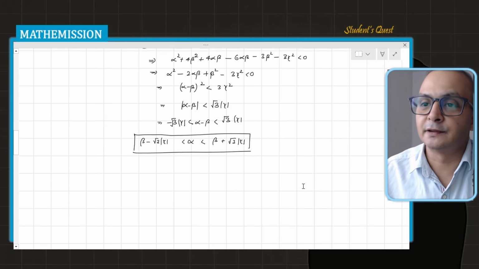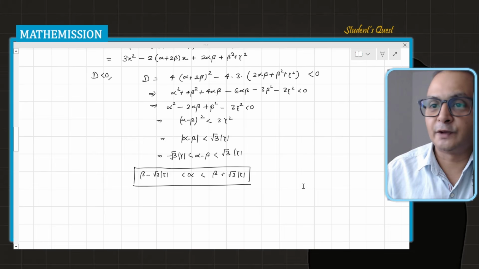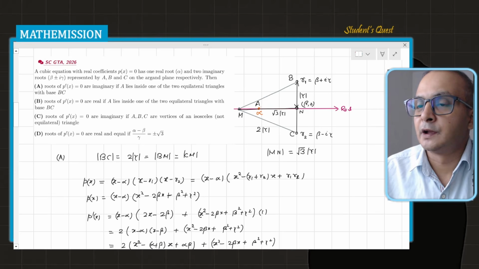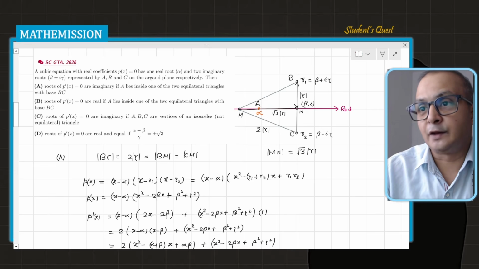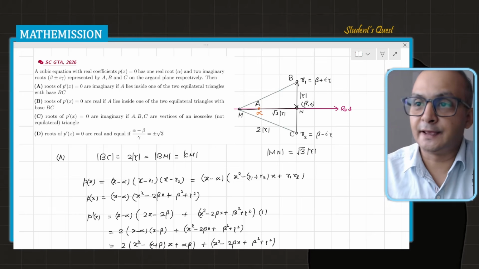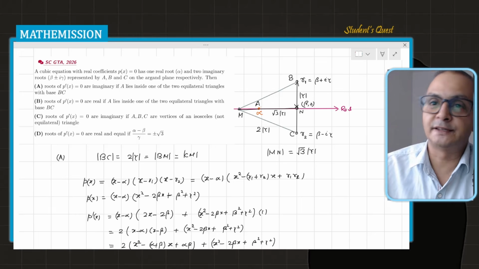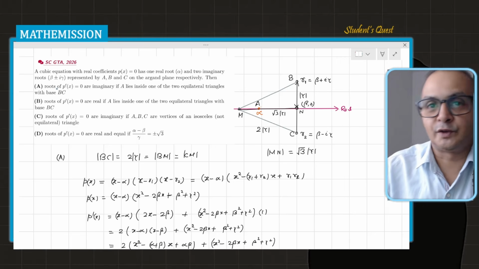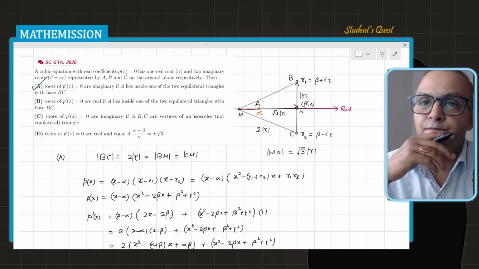It means that alpha lies between beta minus root 3 gamma and beta plus root 3 gamma. Therefore, for that position of alpha, in which you are drawing an equilateral triangle, if alpha is lying inside that equilateral triangle where the base is BC, the roots are imaginary. So that's a very good question. Therefore, this is correct.